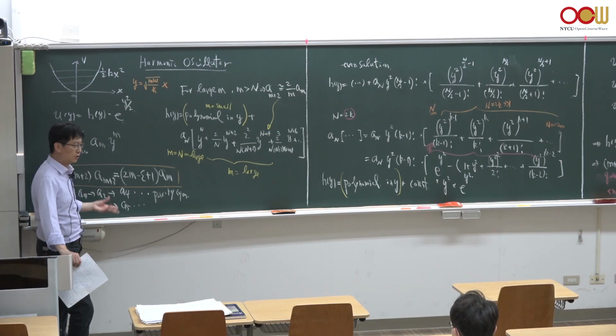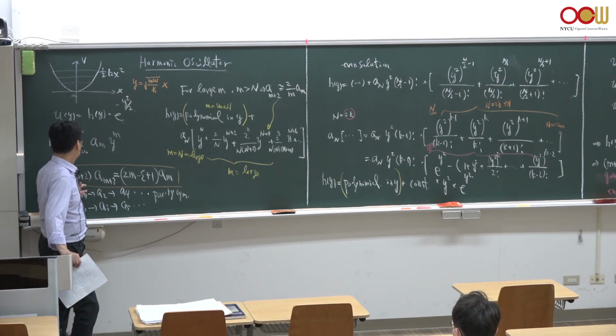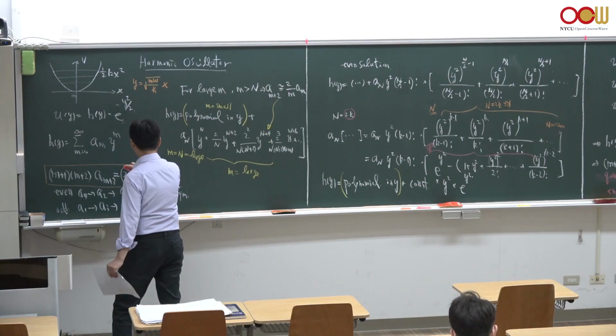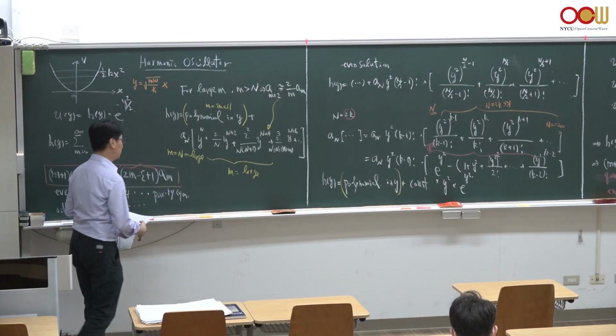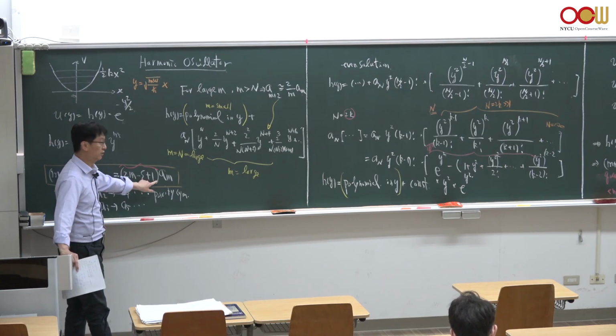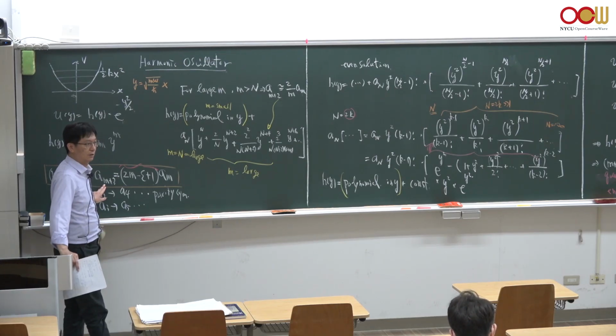So if for some large value m, some coefficient vanishes, for example, this a_(m+2) vanishes, we could demand that this bracket here, which is just some constant, 2m minus epsilon plus 1, could be 0. Okay, if we demand that this is 0, then a_(m+2) is actually 0. Okay, so if a_(m+2) is 0, then a_(m+4) should be 0.